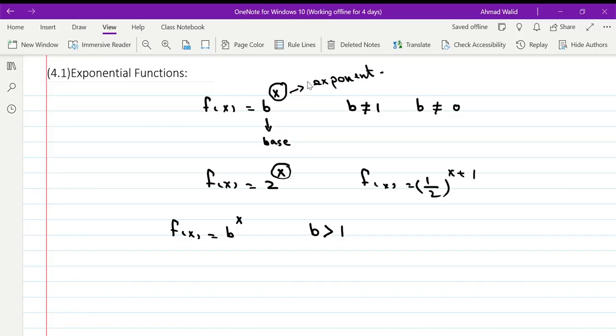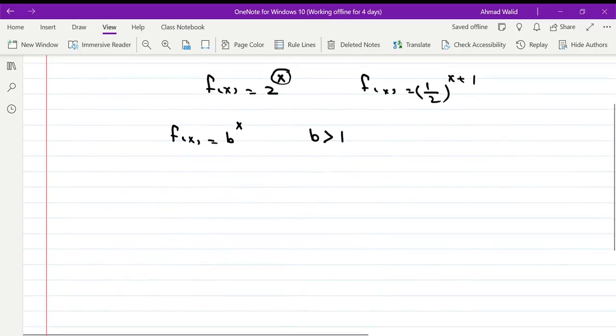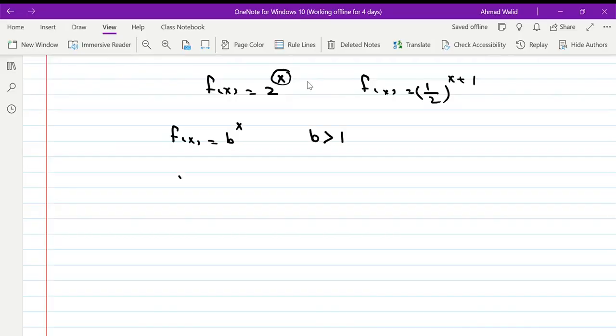Correct? When your base is always greater than what? Greater than 1. For example, f of x equals 3 to the power of x. You see, 3 is greater than 1. Or g of x equals 5 to the power of x.